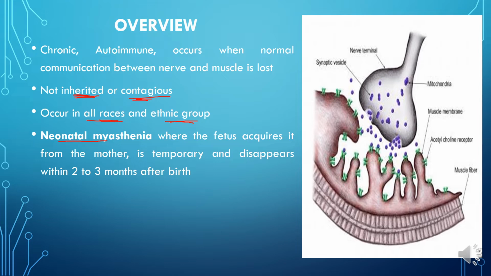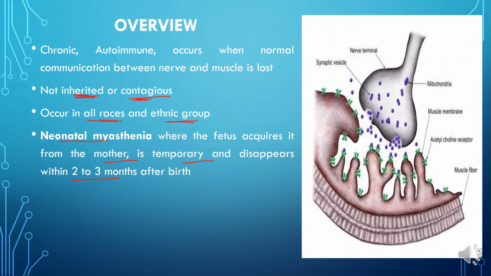This type of myasthenia occurs when the fetus inherits the antibodies against the acetylcholine receptor, and this neonatal Myasthenia gravis, which is acquired from the mother, is a very temporary thing, and it disappears 2 to 3 months after birth.